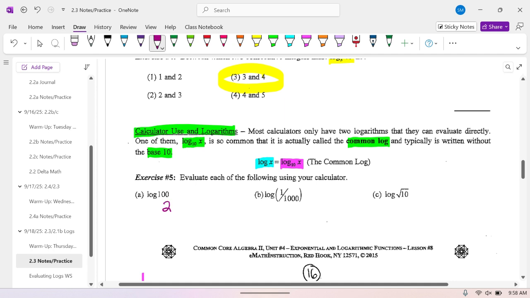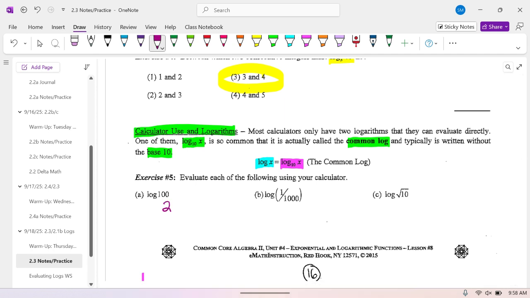There's one other type of log I want to mention because it'll be thrown at you a little bit. This one's called the natural log. And all the natural log is, is a log with a base of E. So remember 2 days ago when we talked about the number E? The number E, it's a number that's a letter.